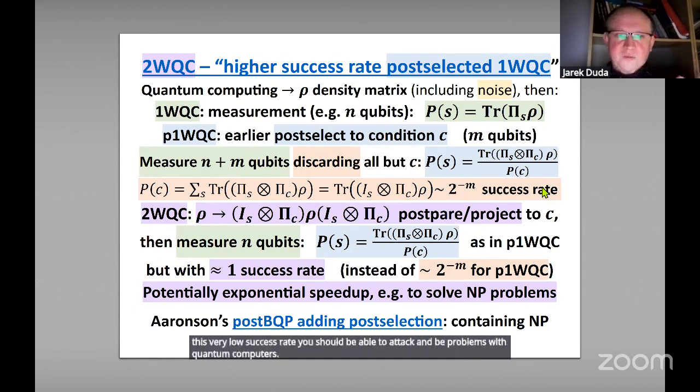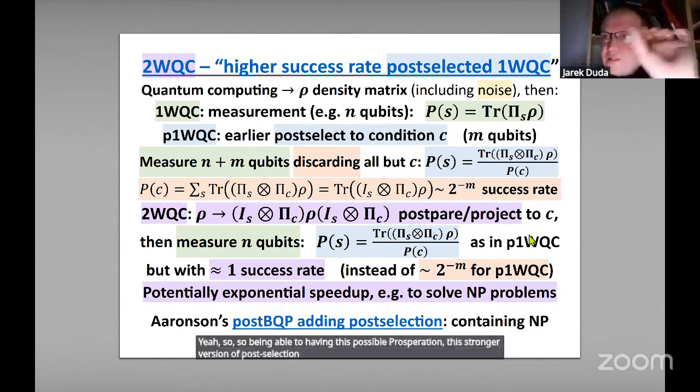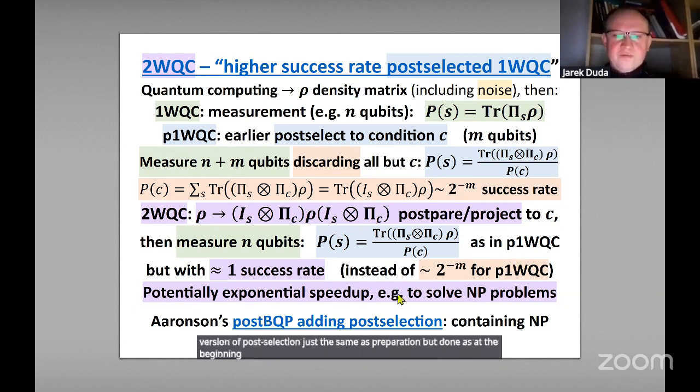Having this post-preparation, this stronger version of post-selection, just the same as preparation, but done at the end instead of at the beginning, we should be able to attack NP problems.